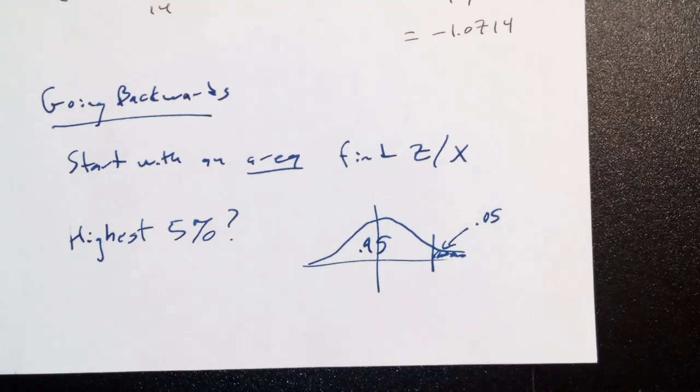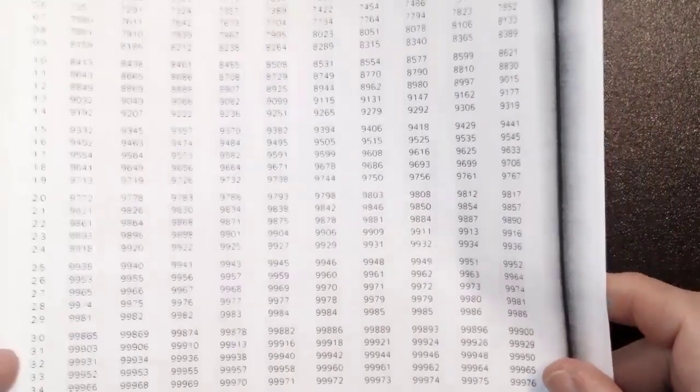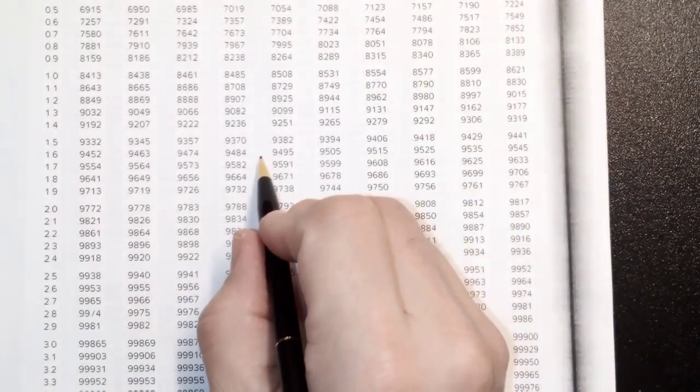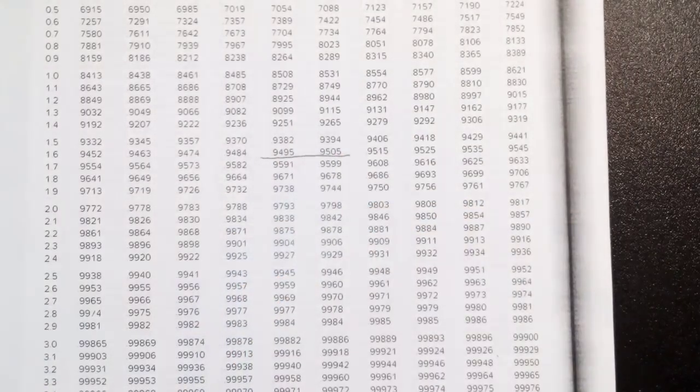So I start looking at areas. And I say to myself, look, all of these are in the 0.9 range. Where's 0.95? And I notice that right there I have 0.9495 and 0.9505.